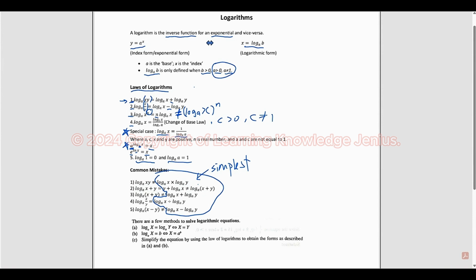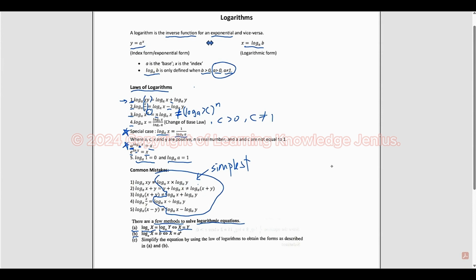Okay, and then this part, I'm talking about solving logarithm equations. There are actually only two types here. You can see type A is when you have log a x equal to log a y. Since they have the same base, we can conclude that x is equal to y. This is one method to solve the logarithm equation.